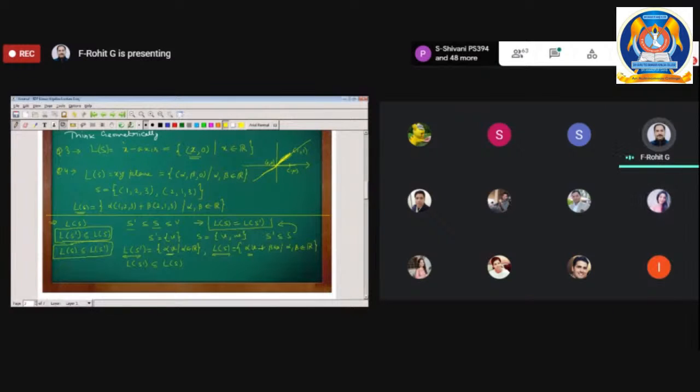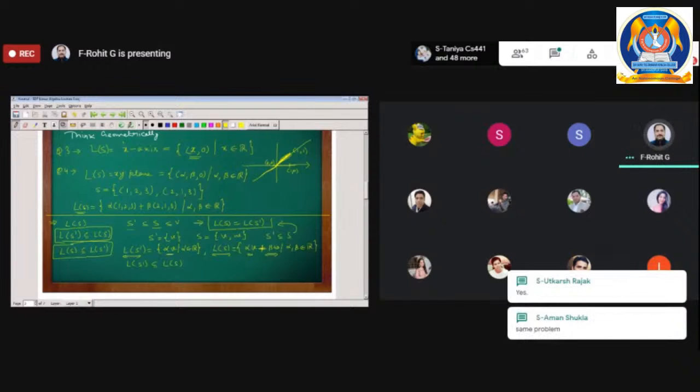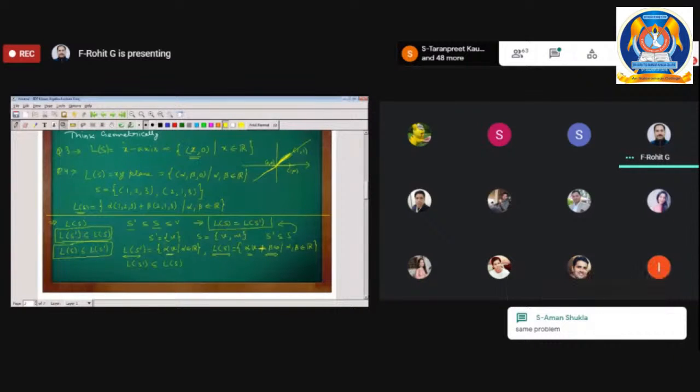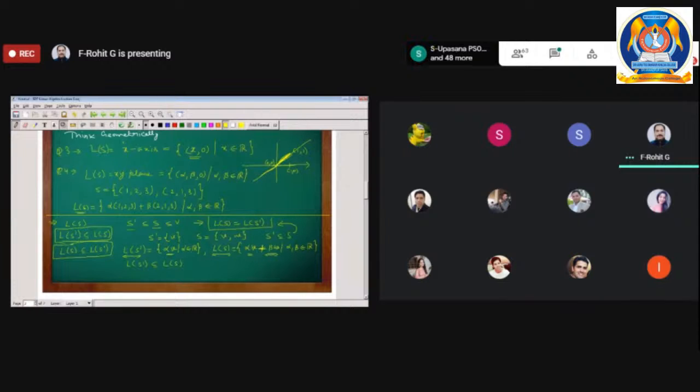So when is it possible? But beta W is also there along with alpha V. So when will I say that alpha V is in the linear span of S, because beta W is also there with alpha V?